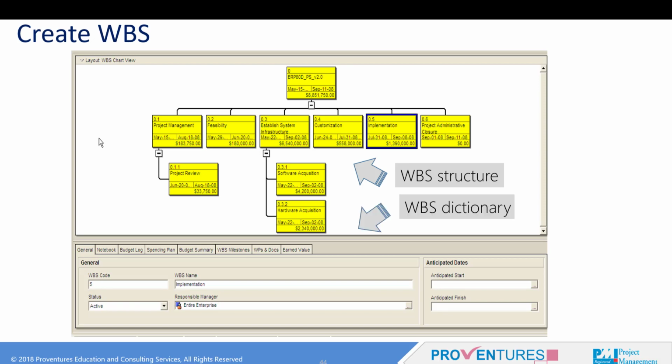And the table below is called the work breakdown structure dictionary that presents the metadata of every element of this structure. So as you drill down and detail the WBS, you can document the characteristics through this work breakdown structure dictionary.